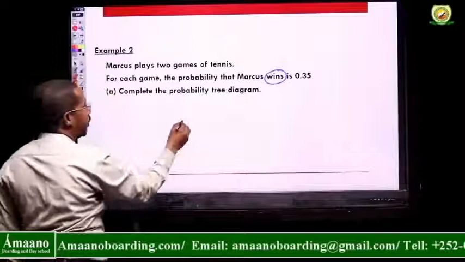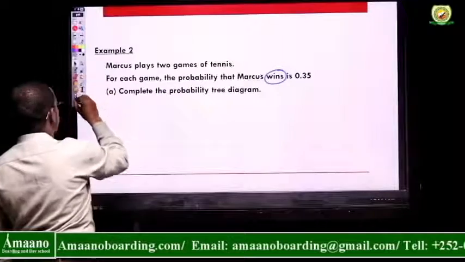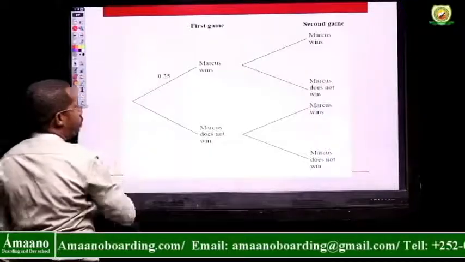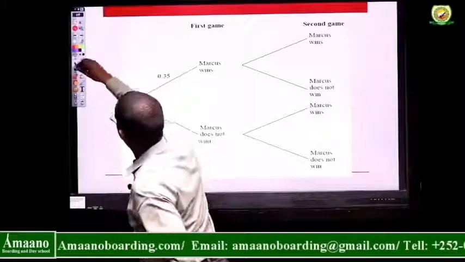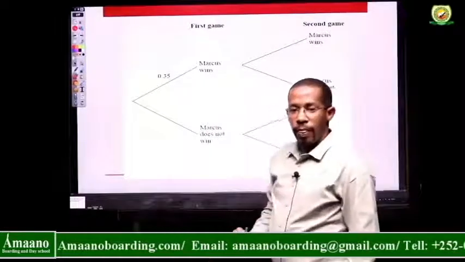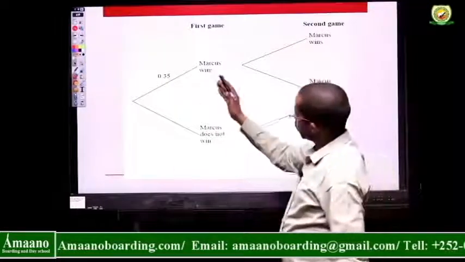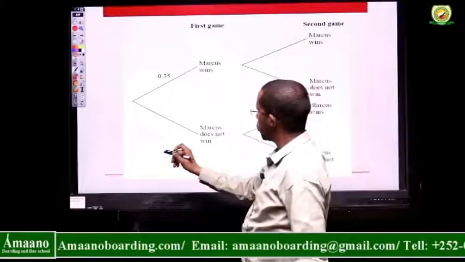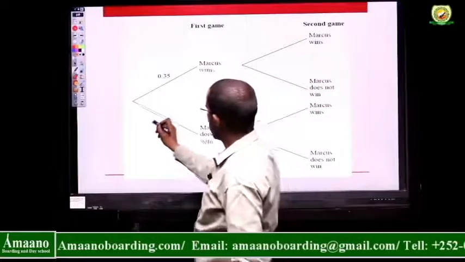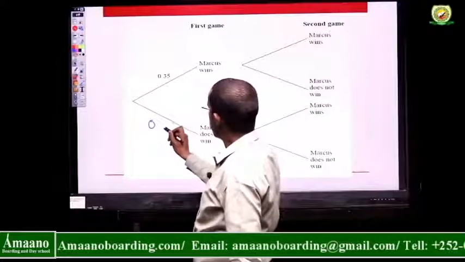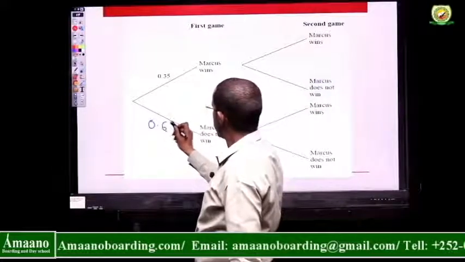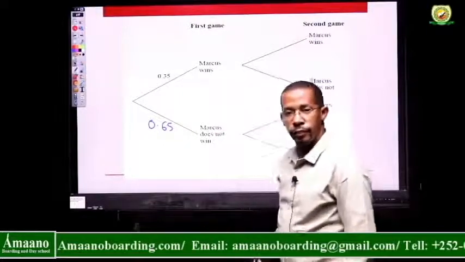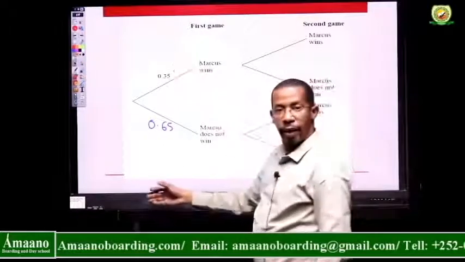How do we complete our probability tree diagram? If the probability that Marcus wins is 0.35, then the probability that he does not win will be 1 minus this, which is 0.65, so that the total here is 1.